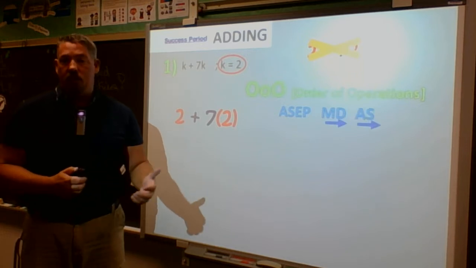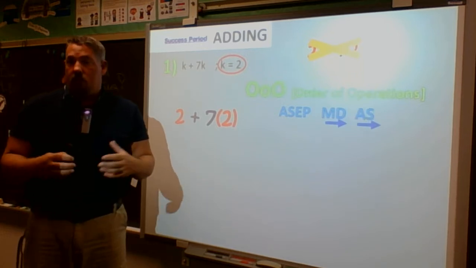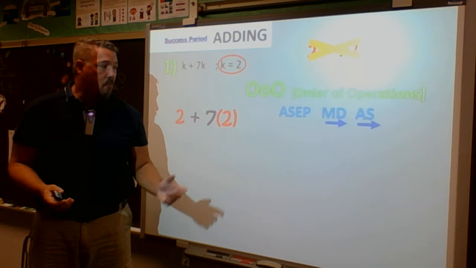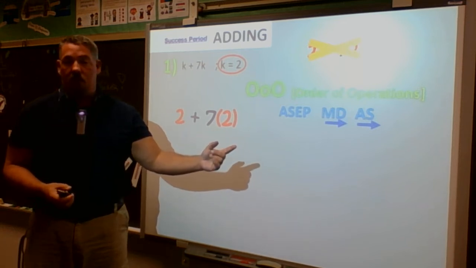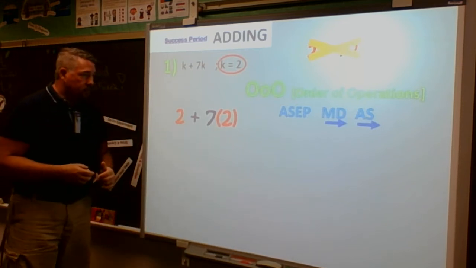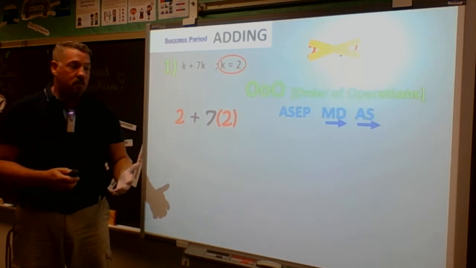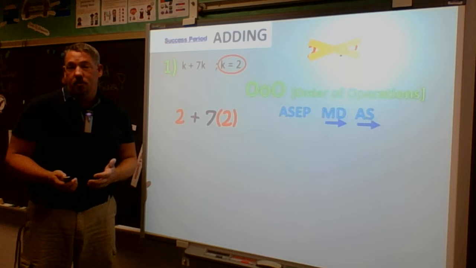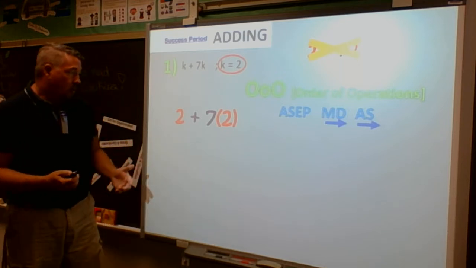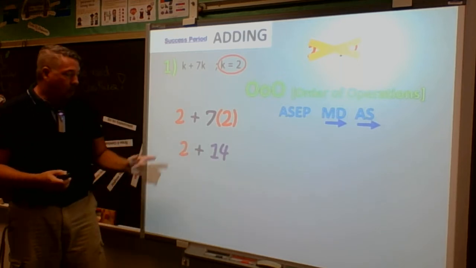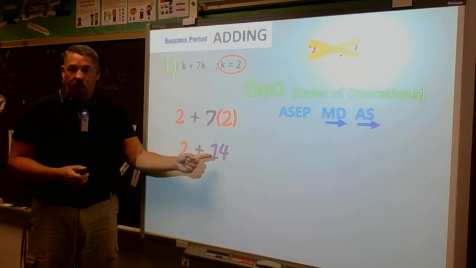And then I have my addition and subtraction from left to right. There shouldn't be anything left in my math problem once I've gone through all of my steps of order of operations. So that tells me I have to start with my multiplication first. So I multiply that. 7 times 2 is 14. So I'm going to repeat my math problem. Now I'm going to have 2 plus 14.